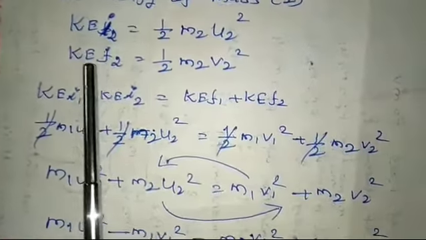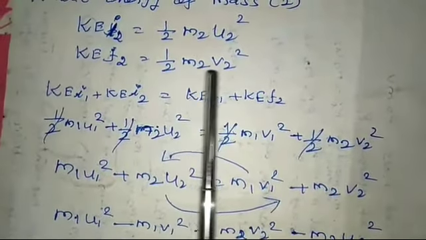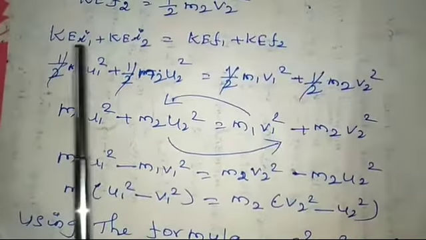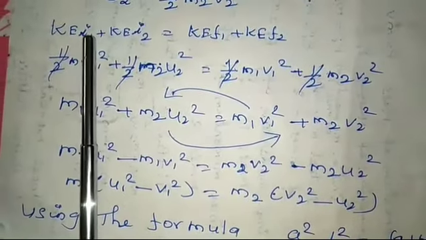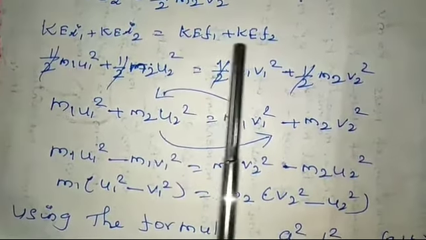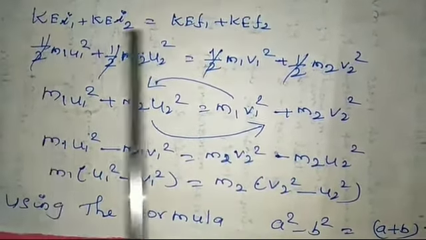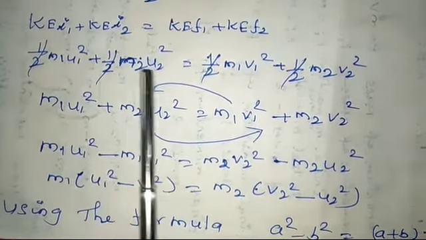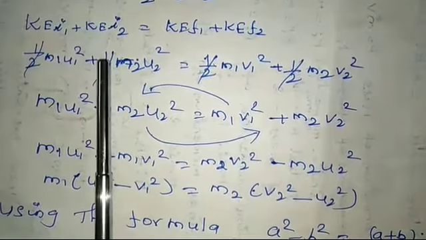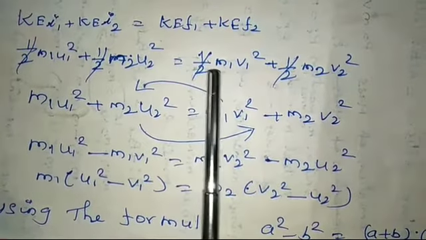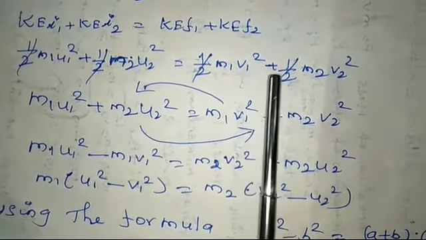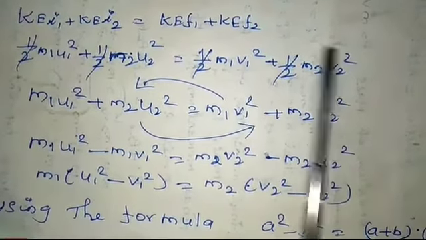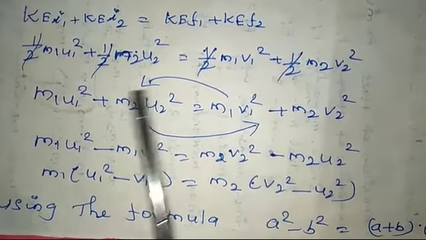Final kinetic energy of mass 2 is half m2 v2 squared. Here also initial kinetic energy is equal to final kinetic energy. So we substitute the formula: half m1 u1 squared plus half m2 u2 squared. This is initial kinetic energy, equal to half m1 v1 squared plus half m2 v2 squared. This is final kinetic energy.